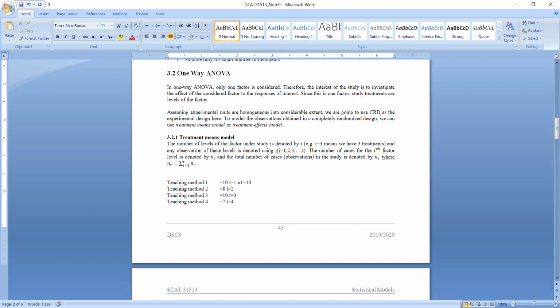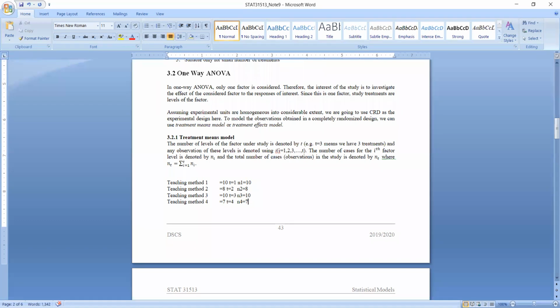Here you have 8 observations, denoted by n2, equal to 8. In this one, we have again assigned 10 units, so the number of observations under this treatment is denoted by n3, again 10. And here we have assigned 7 units to this method, so n4 is equal to 7.